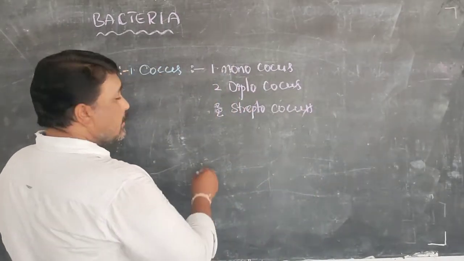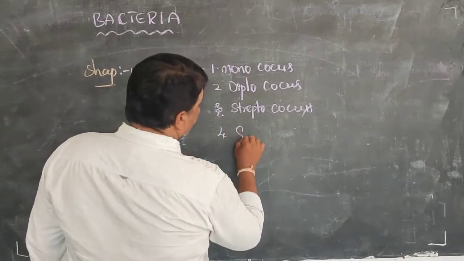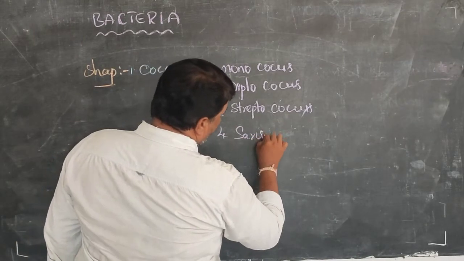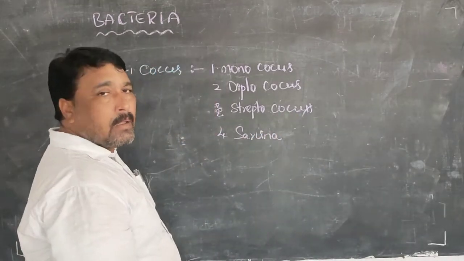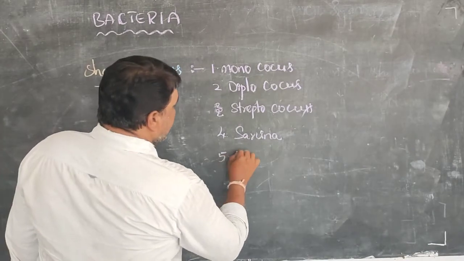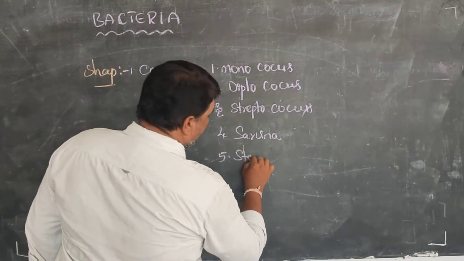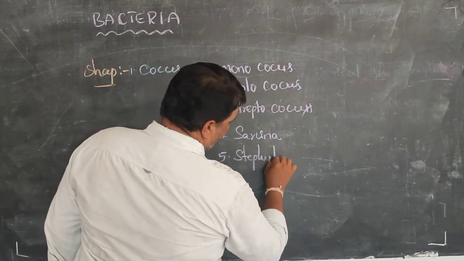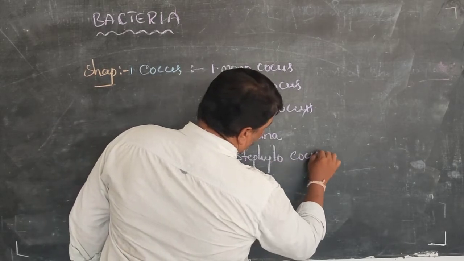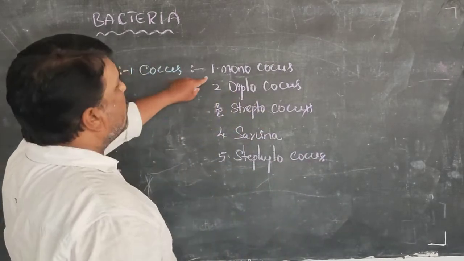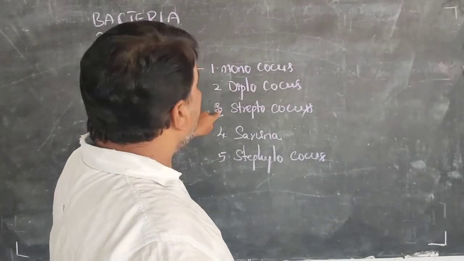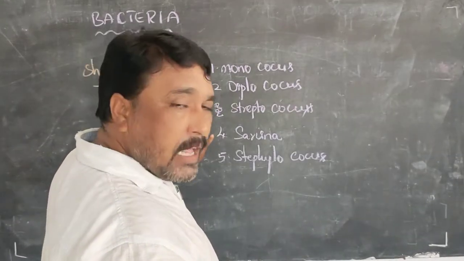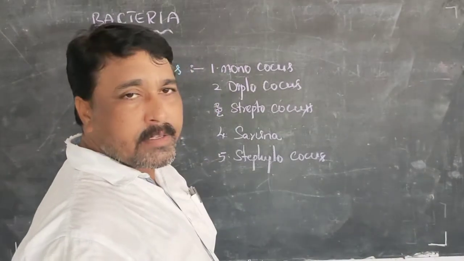Fourth is sarcina. And fifth is staphylococcus. Monococcus, diplococcus, streptococcus, sarcina, staphylococcus.